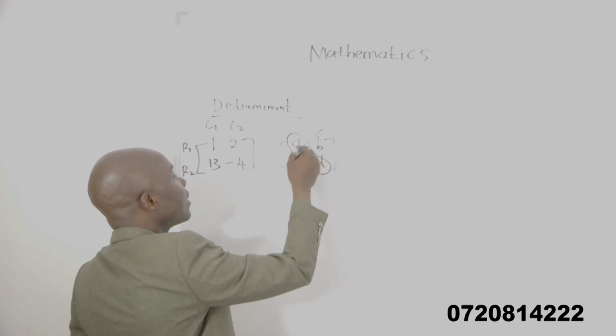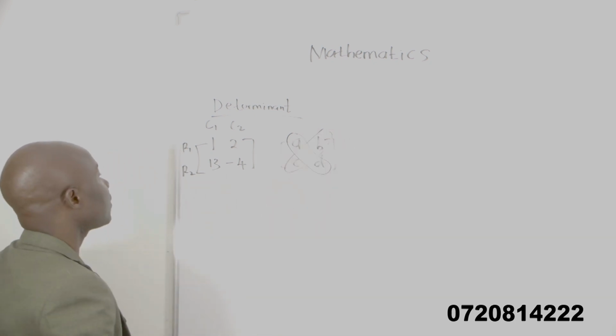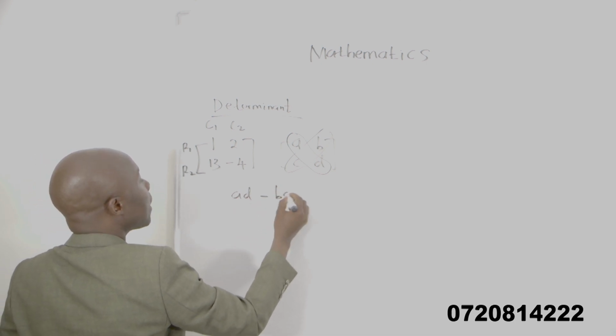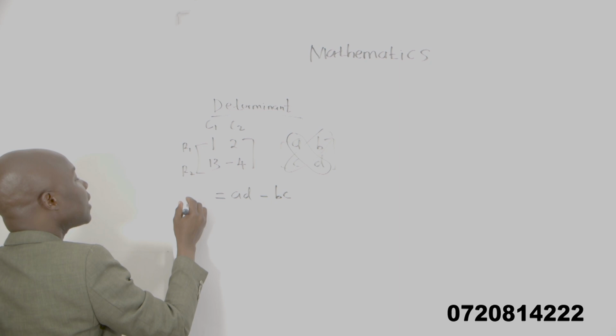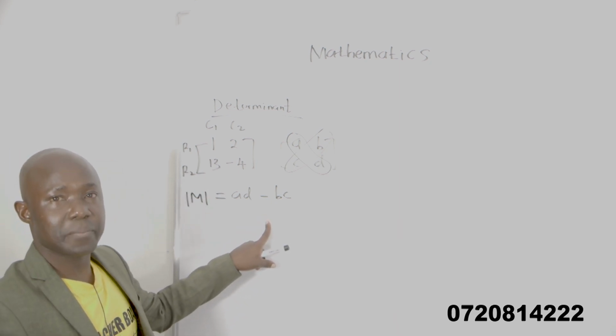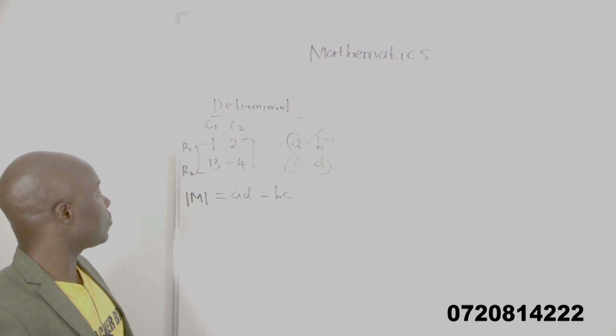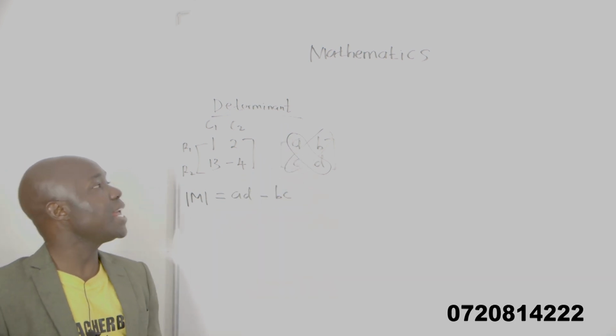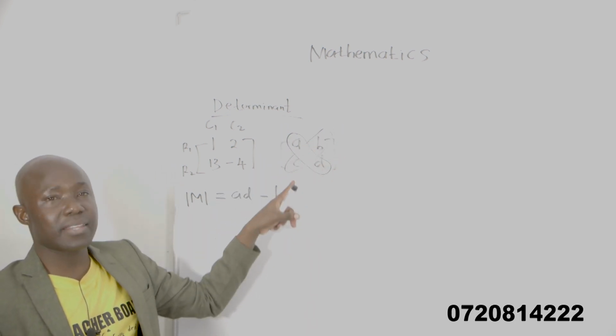Then we have the minor diagonal. So the determinant becomes AD minus BC. That is how we find the determinant of any given matrix. So that's one of the basics I want you to note. How do we find the determinant? We take the leading diagonal minus the minor diagonal.